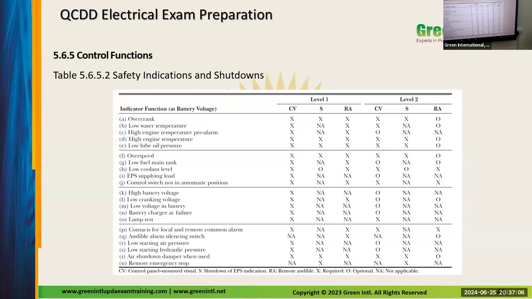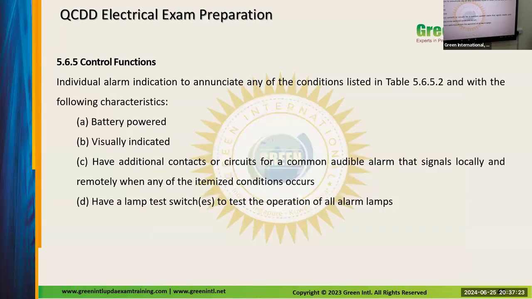So in your exam, suppose you have any questions related to the indications, control panel, refer to the 5th chapter and this table. See here, in this table we get the same table I kept in the slide format.